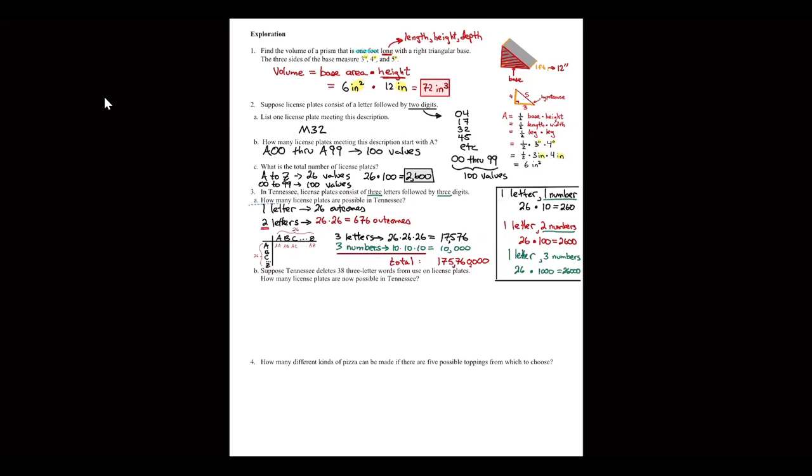So that other approach could be something as simple as employing powers, right? So this is the same as saying 26 to the third power, and this one is the same as saying 10 to the third power. So this final answer is the same as saying 26 to the third power times 10 to the third power.